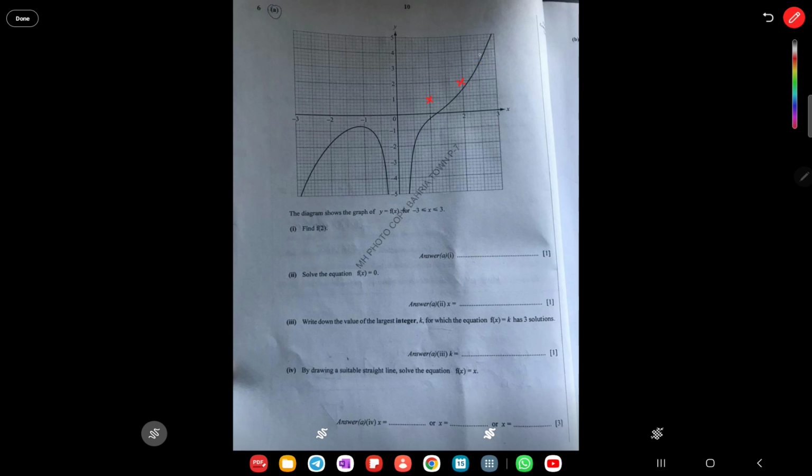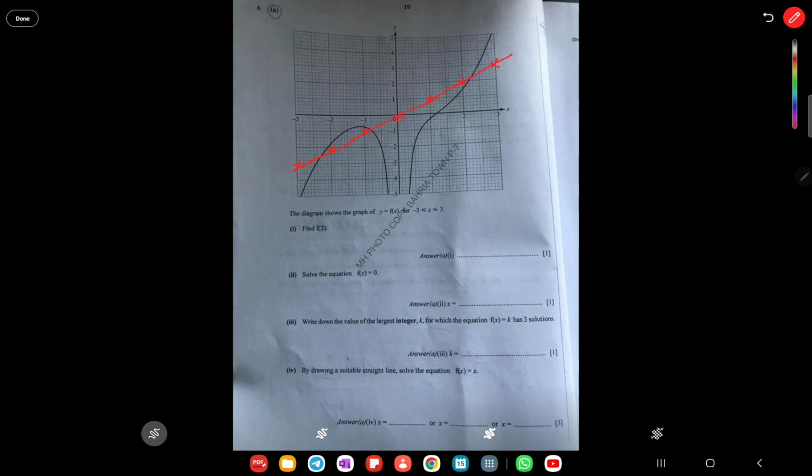And the same goes for -1, -1, then -2, -2, and then -3, -3. If you draw a straight line over here, 0, 0 can also be a point.